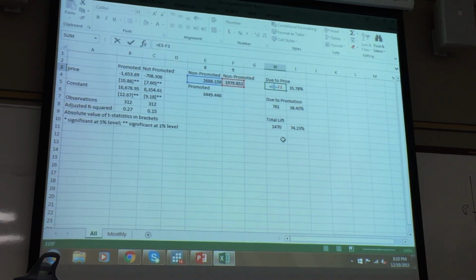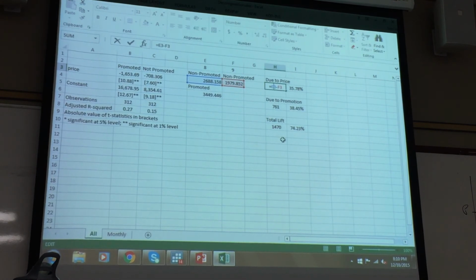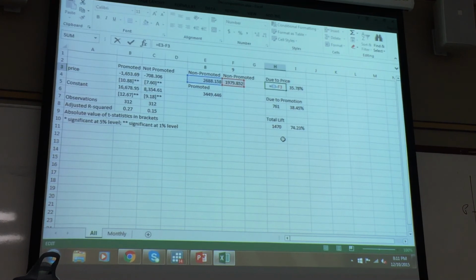So, the amount due to price is the difference between the non-promoted demand at the non-promoted price and the non-promoted demand evaluated at the promoted price. These two points, right? Close? Right-ish?